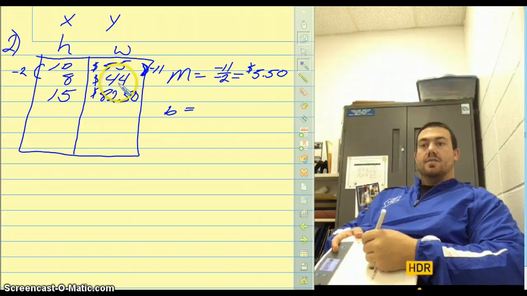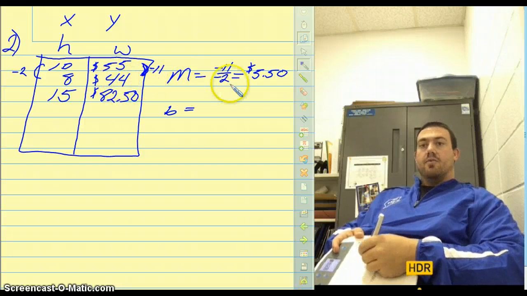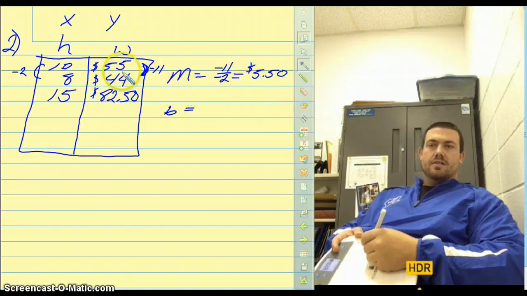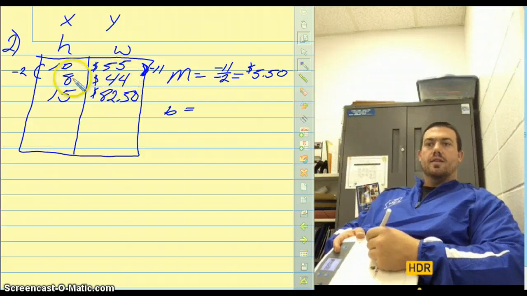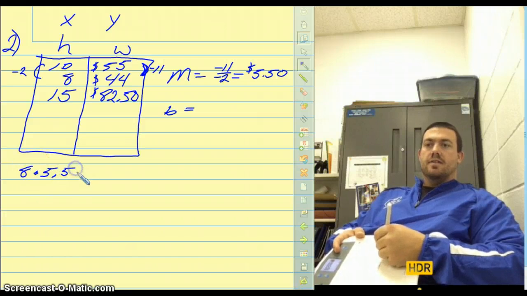And we just discussed that my hourly wage was $5.50 an hour, right? Sure enough, 8 hours times $5.50 is $44.